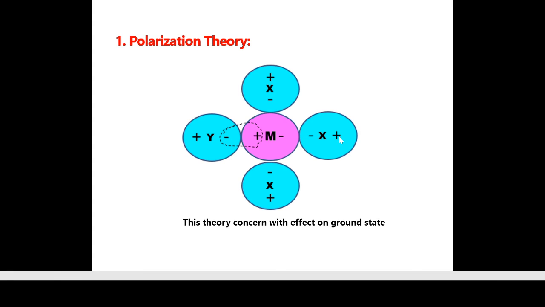So the MX bond becomes lengthened and very weak, so it can be easily replaced and another ligand can be fixed at this position. This was about polarization theory. I think this polarization theory is the simplest.